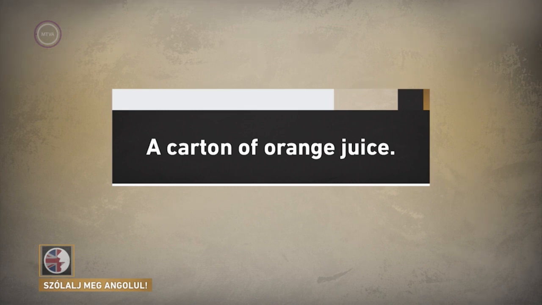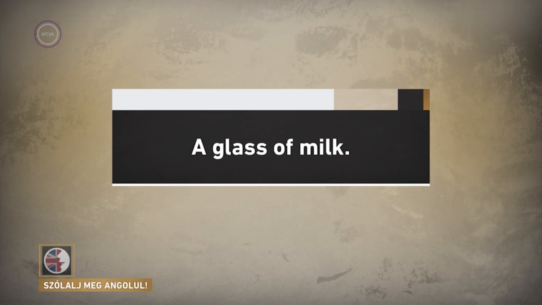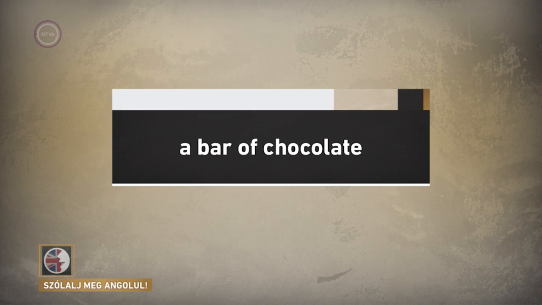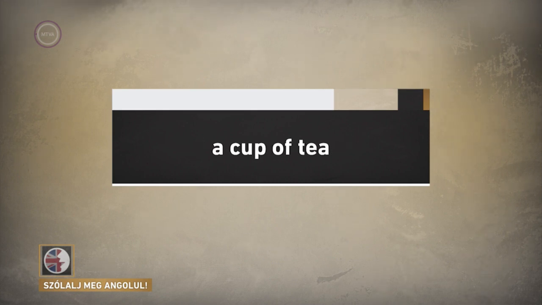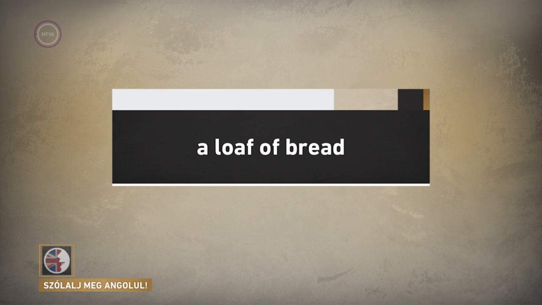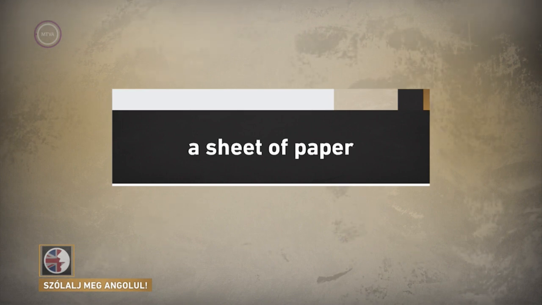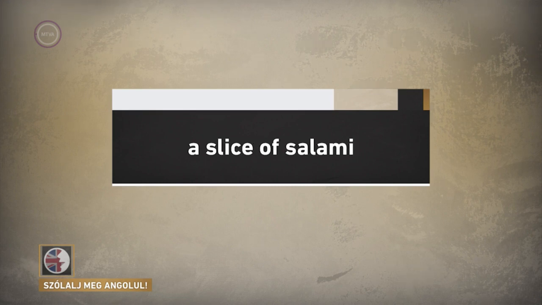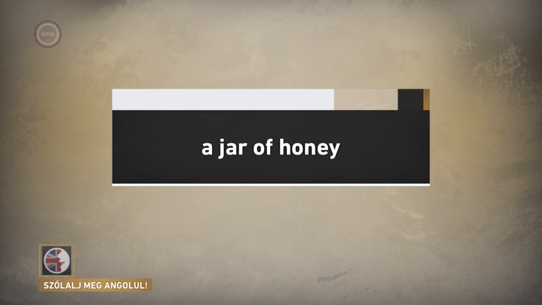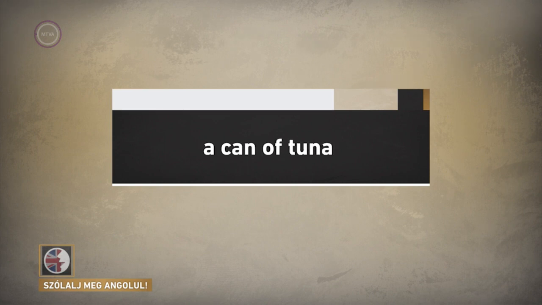A carton of orange juice, a glass of milk, a bar of chocolate, a cup of tea, a loaf of bread, a bowl of soup, a sheet of paper, a slice of salami, a jar of honey, a can of tuna. Good. Now, there's a new word there, isn't there?